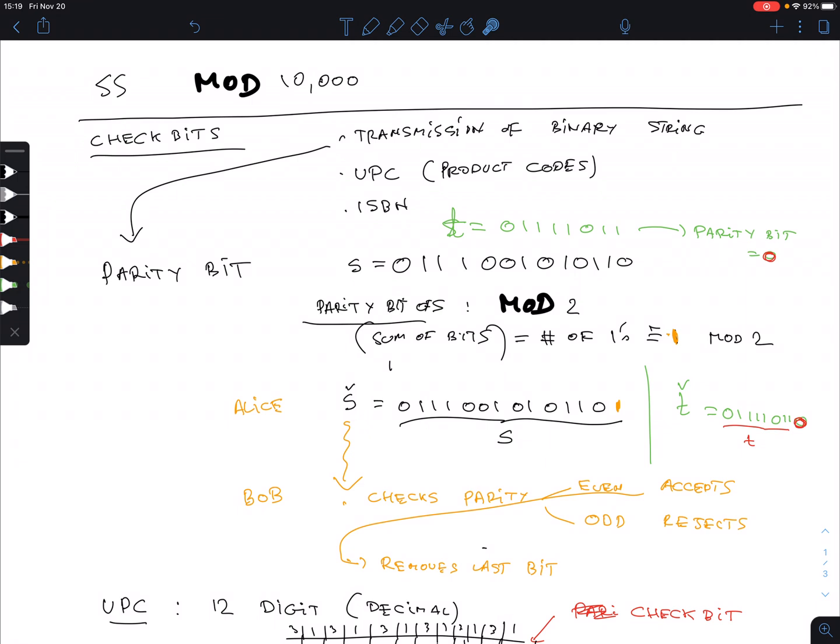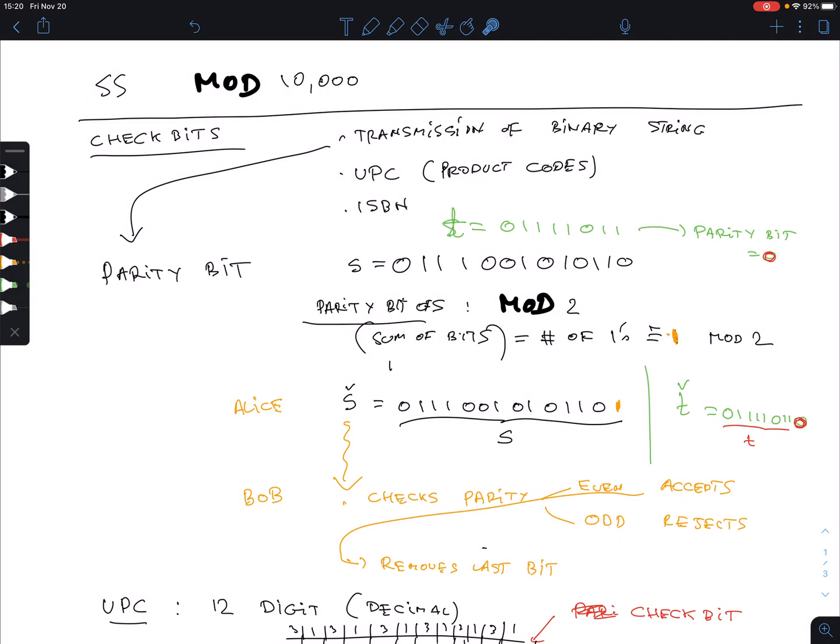If we say it's less than 1%, and if I send a string of size less than 100, statistically only 1 bit will swap. And therefore, I will detect it. But it doesn't exclude the fact that 2 bits or even 3 bits swap. If 3 bits swap, then I will detect it again. But if 4 bits swap, I won't detect it. Okay? So that's the disadvantage of a parity bit.